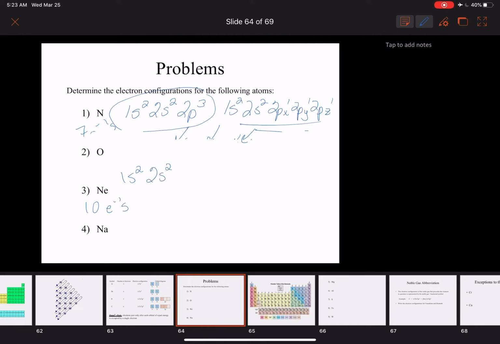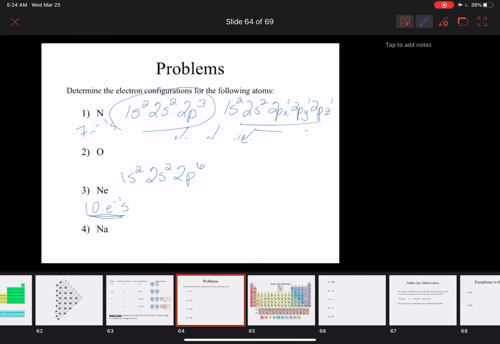So we have 2s2. And we've used up 4 of our 10 electrons, and that means we need to place 6 others, and the next place that electrons can go are into our 3 2p orbitals. So 2px can have 2, 2py can have 2, and 2pz can have 2, and that means that we can just shorthand that and put 2p6. So neon has an electron configuration of 1s2, 2s2, 2p6.